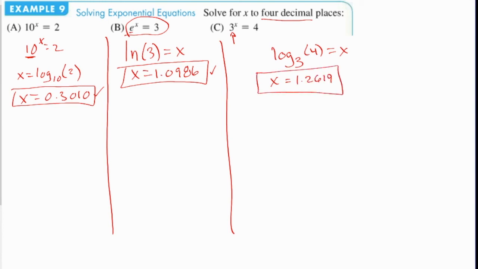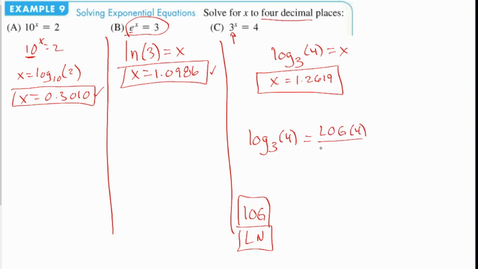But what if you don't have the Texas Instrument calculator? Then you need to use something called a change of base formula, which says use either the log button or the ln button on your calculator. Doesn't matter which one. So if I use log, I have to use log for both the numerator and the denominator. So log 4 over log 3.